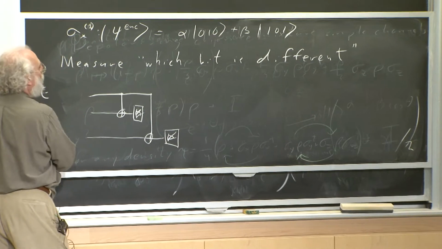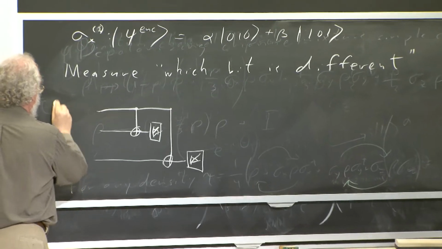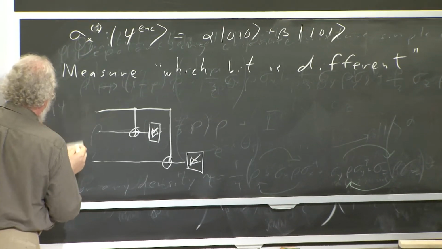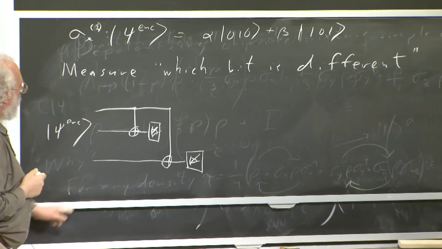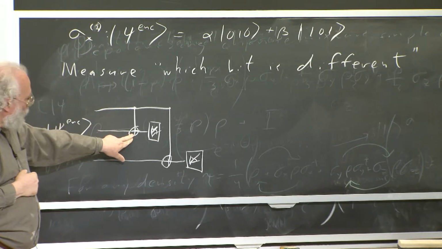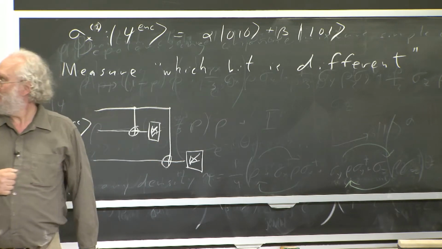So here's our encoded psi. And we apply a control not from the first bit to the second bit, and a control not from the first bit to the third bit.